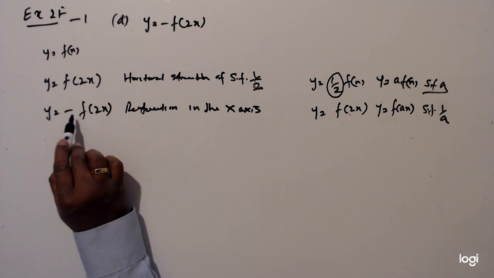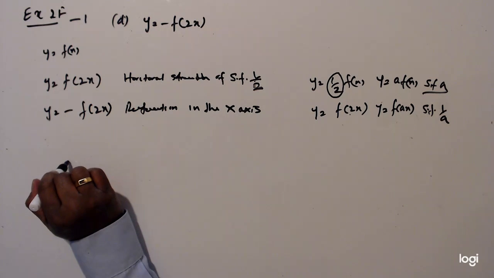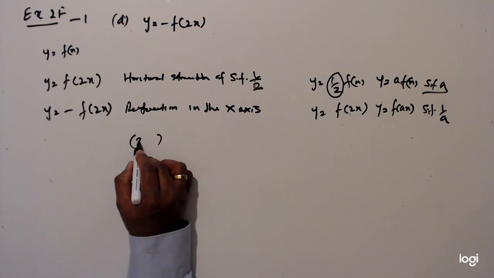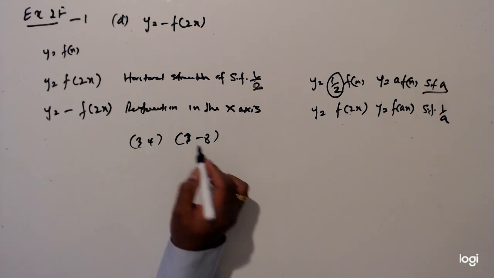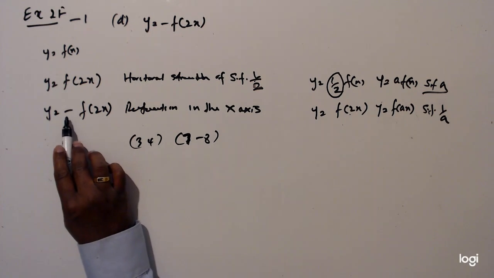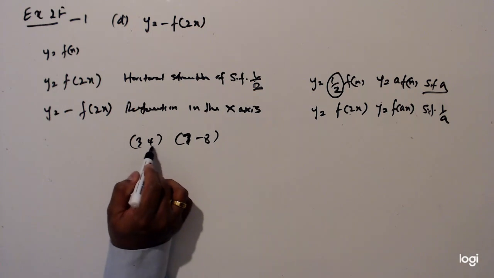So this affects the y value. All the y values change the sign. If we have a coordinate (3, 4) and let's say (7, -8), we change the sign of the y value.